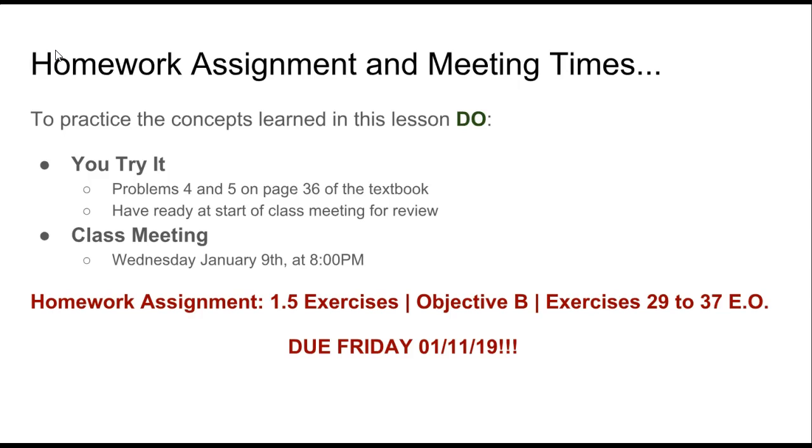So correction, exercises 29 to 57, every odd. That's going to be due Friday, January the 11th, 2019. That's due this Friday, and we need to make sure that we allot our time and everything to get that done, all right?